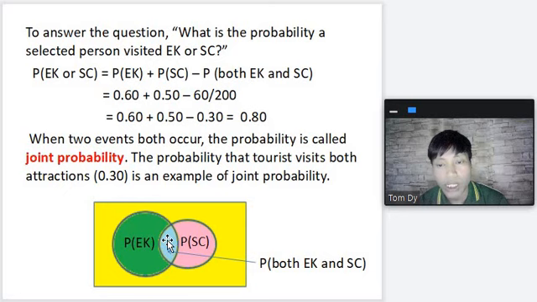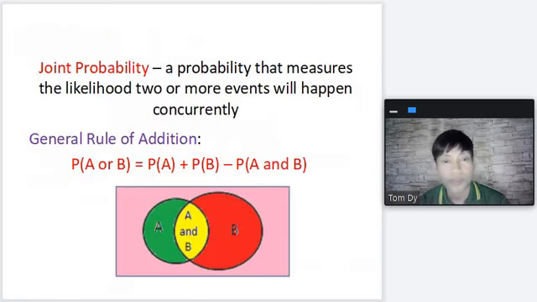And this one is the probability for tourists who visited both Enchanted Kingdom and Star City. Since we mentioned joint probability, it is defined as a probability that measures the likelihood two or more events will happen concurrently.